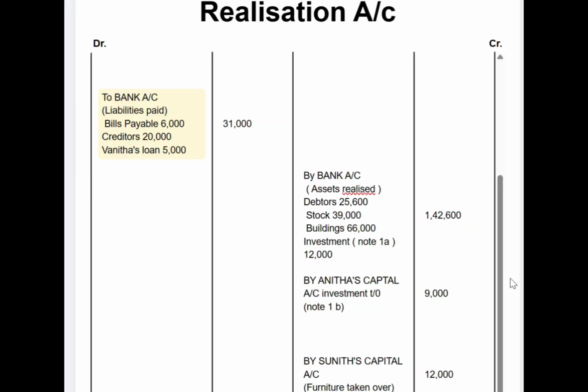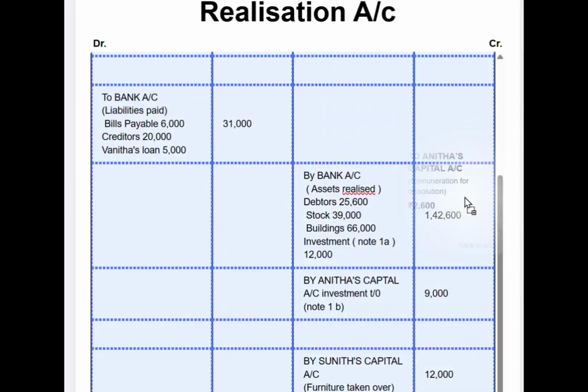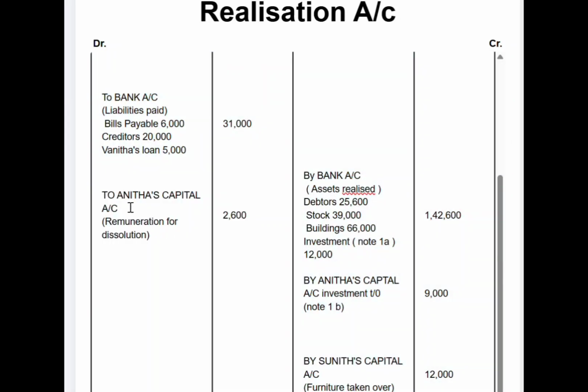So we will ignore the actual value of expenses 2,000 and enter 2,600 in the realization account on the debit side as to Anita's capital account, which will be the remuneration for taking the dissolution expenses 2,600 on the debit side of realization account.